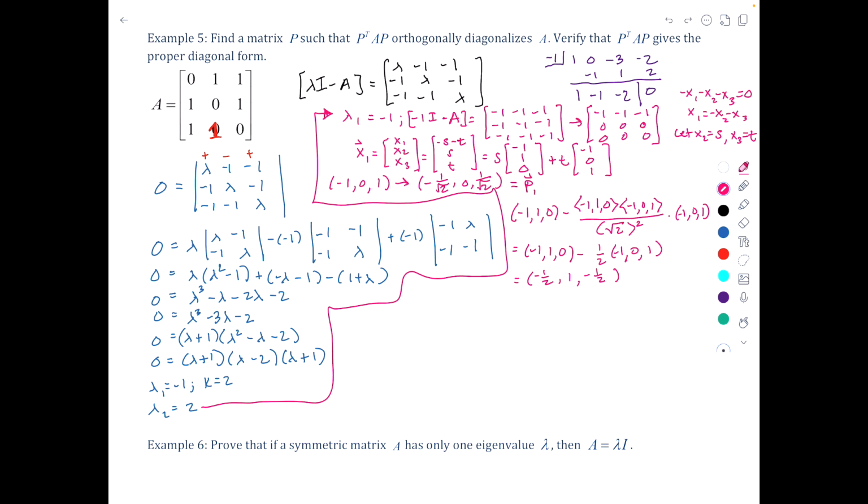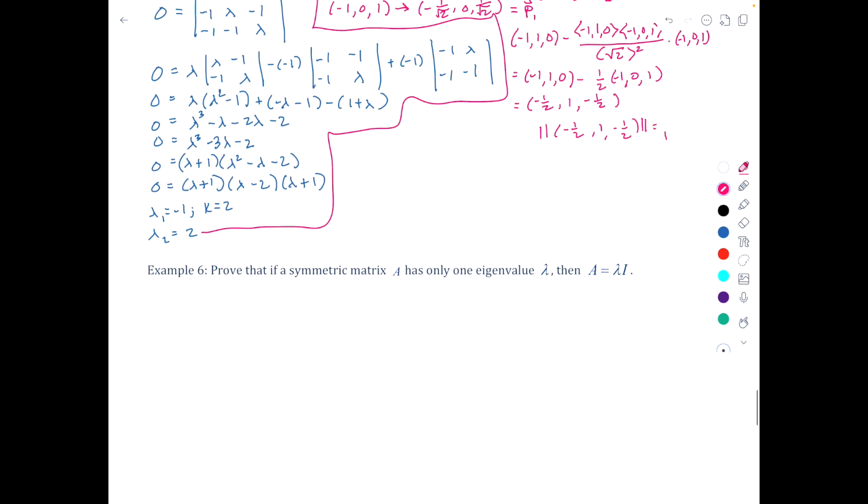So the magnitude of negative 1/2, 1, negative 1/2 is the square root of 1/4 plus 1 plus another 1/4.